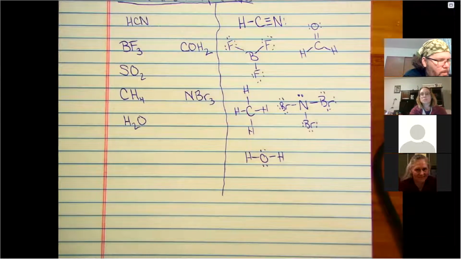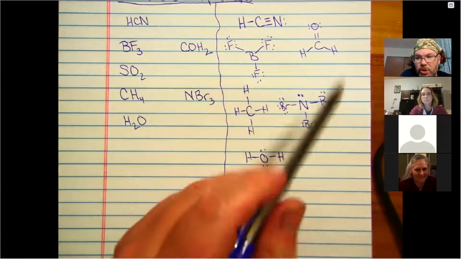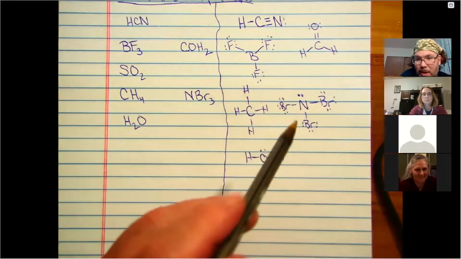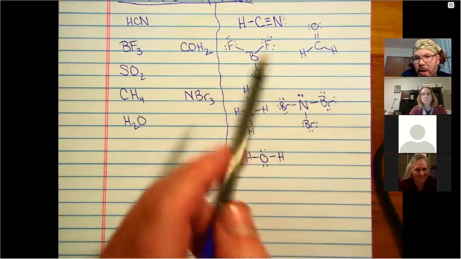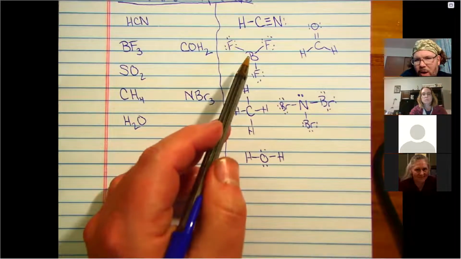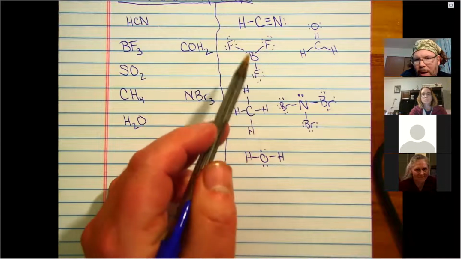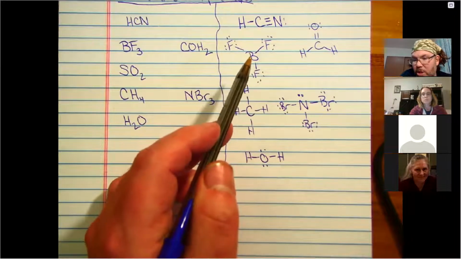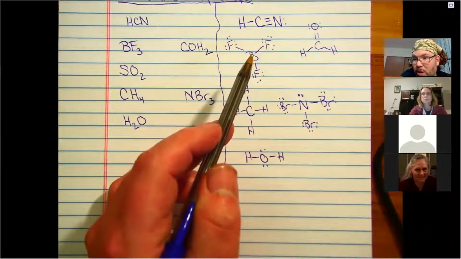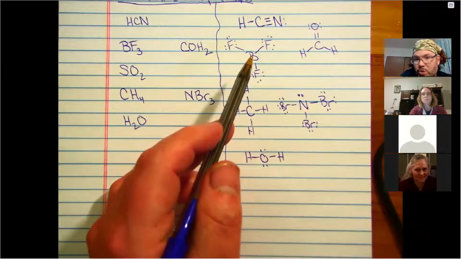Yes. Good. So what can these structures teach us about the shapes of the central atom? What we're worried about is how the other things are arranged around the central atom. So when I talk about the shape, I'm talking about the shape just of one central atom in a Lewis structure.